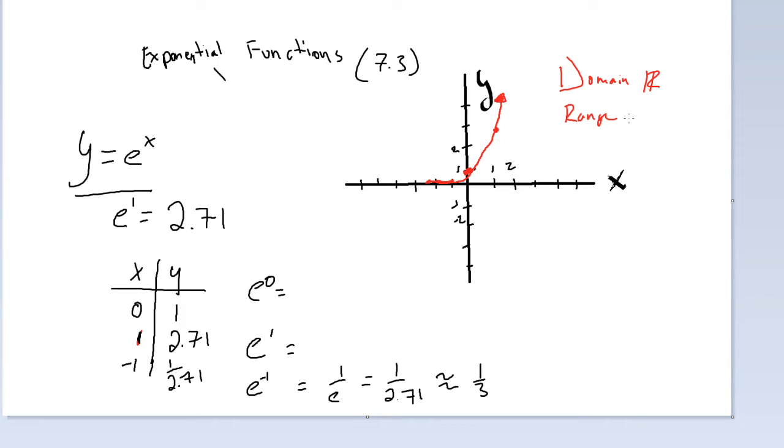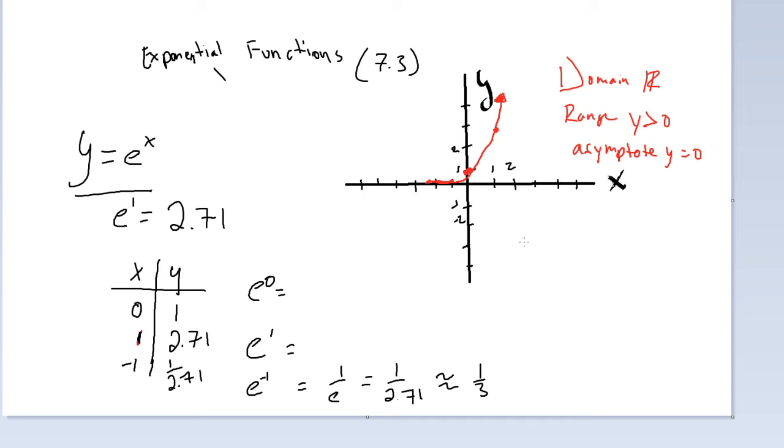Range will be y is greater than 0. The asymptote is y equals 0. Okay, so that's basically the graph of e to the x.